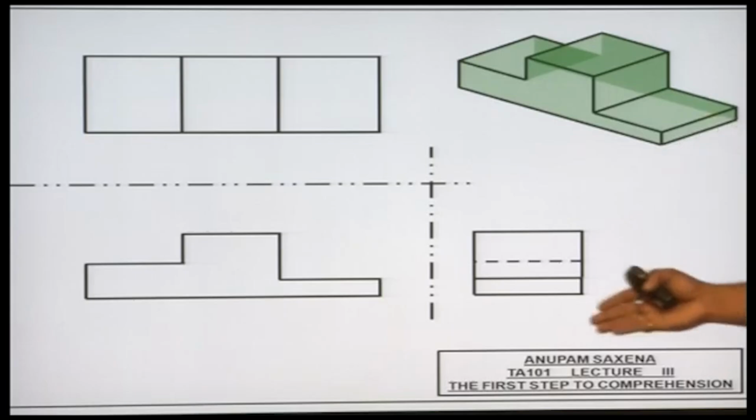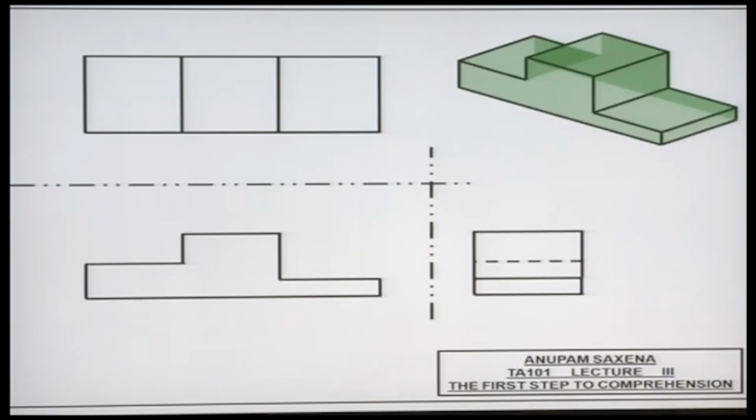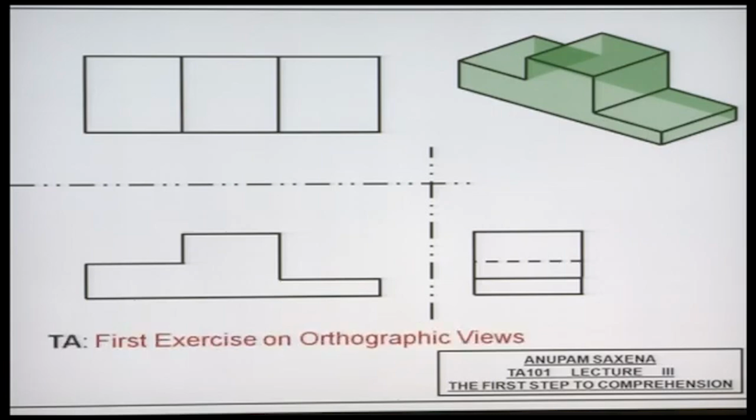Okay, the 3 different views of the object. So these are the orthographic views of the object. Okay. All right. Of course, this was the first exercise on orthographic views for you.